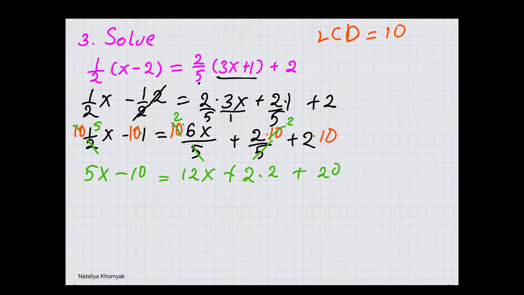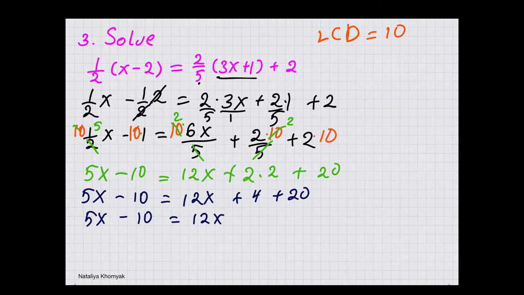Let's simplify it a little bit. So we have 5x minus 10 equals to 12x plus 4 plus 20. We have 5x minus 10 equals to 12x plus 24. Now we can solve. The additive inverse of negative 10 would be positive 10. The additive inverse of positive 12 would be minus 12.